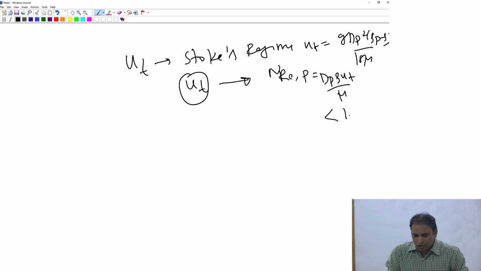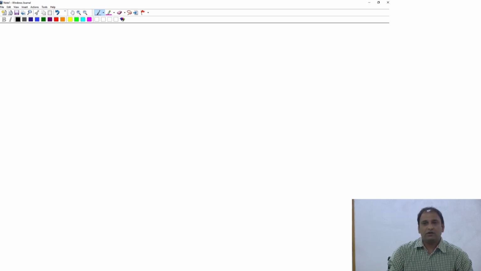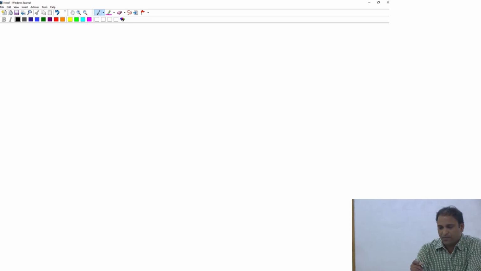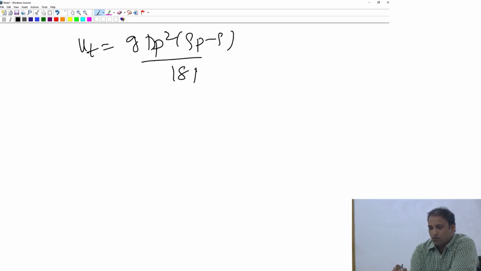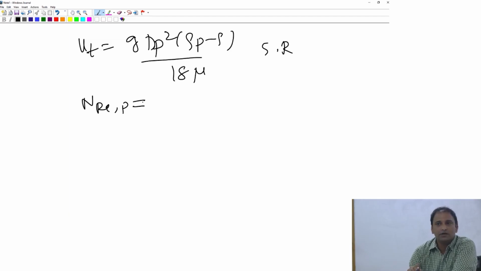So instead of doing that, you can rearrange the expression that you have for your settling velocities. I know that UT is g dp square into rho p minus rho divided by 18 mu for the Stokes regime. I know that the upper limit of the Reynolds number for the Stokes regime is 1, anything less than 1.